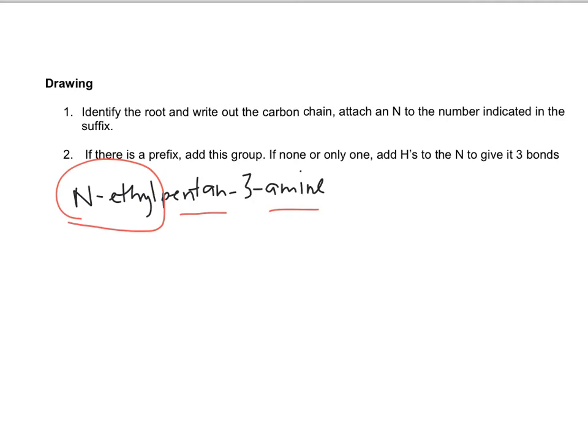So what you're going to draw is you're going to draw your 5 carbons for your pent. The nitrogen is attached to carbon number 3. And then there's an ethyl group also attached to the nitrogen.